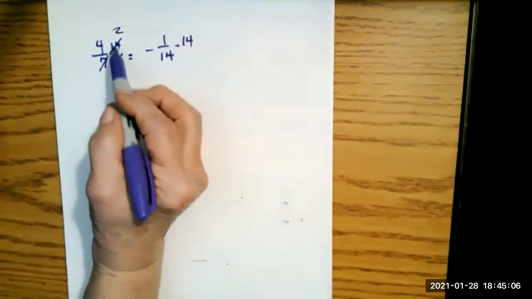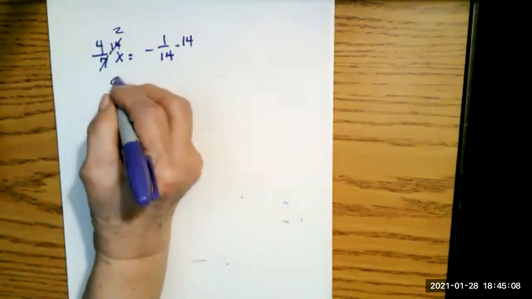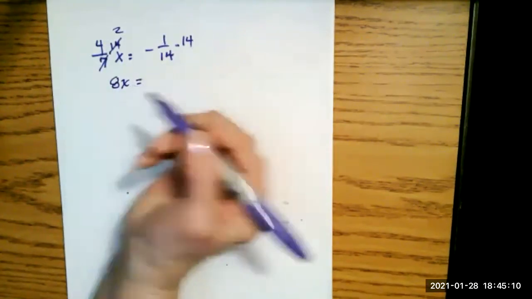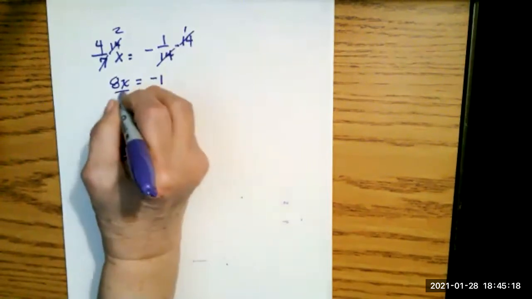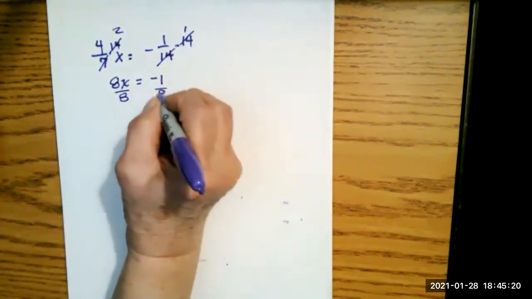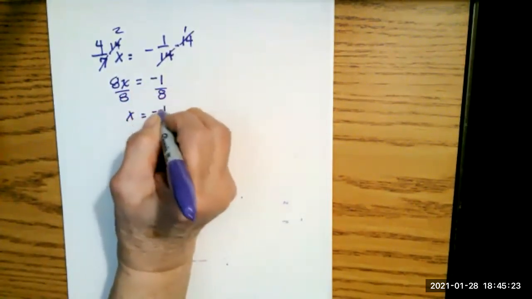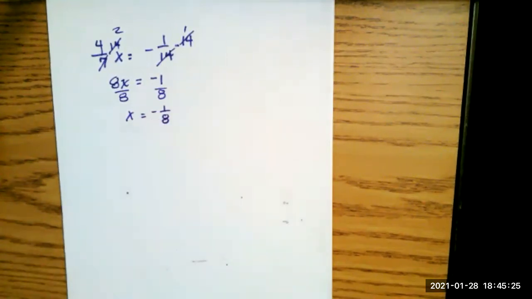So I take 14 and I multiply it by both sides. Cancel that 7 into that 14 goes 2 times. 4 times 2 is 8. And on this side, I have that x. Over here, my 14s will cancel, and I have negative 1. Now I have to divide by 8. So x is negative 1/8. So be careful on those fractions.